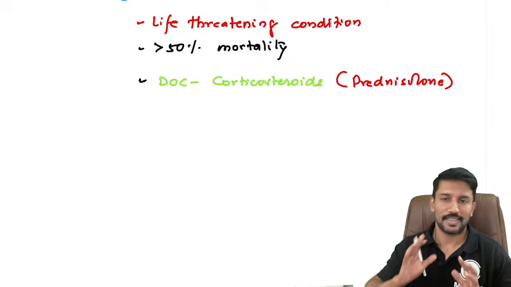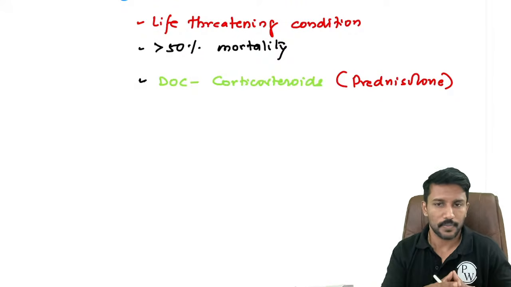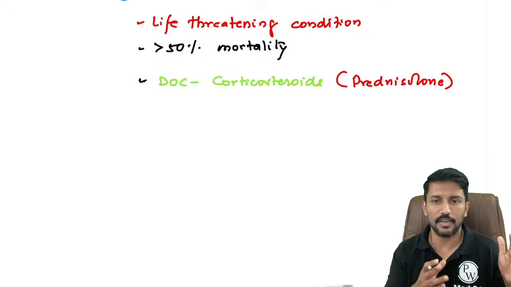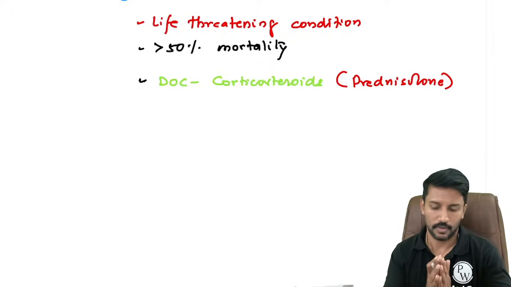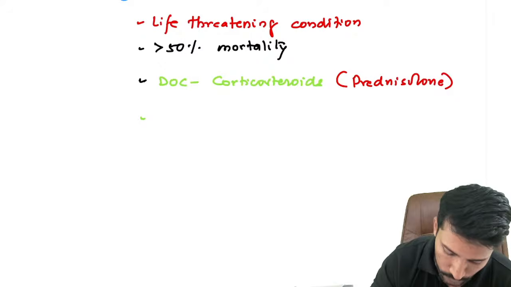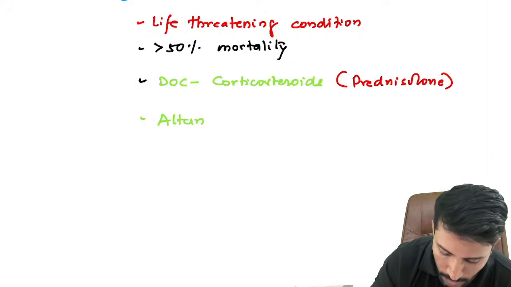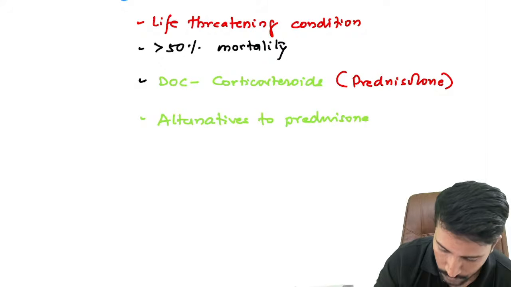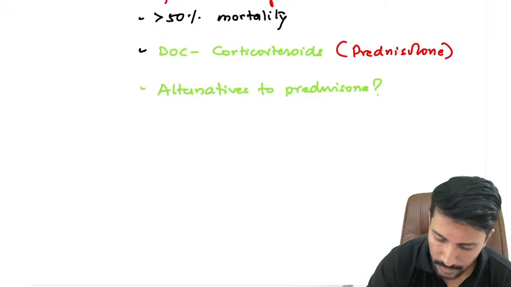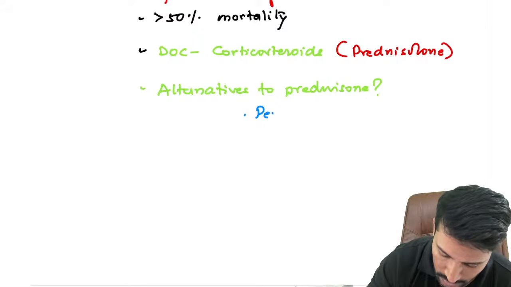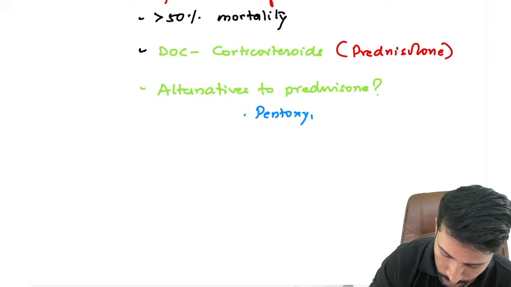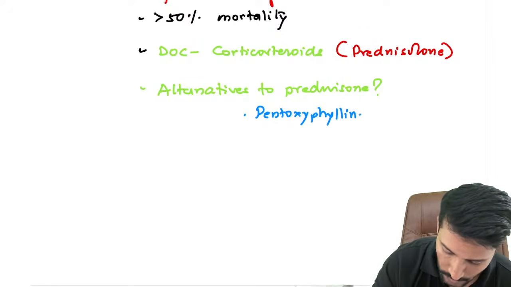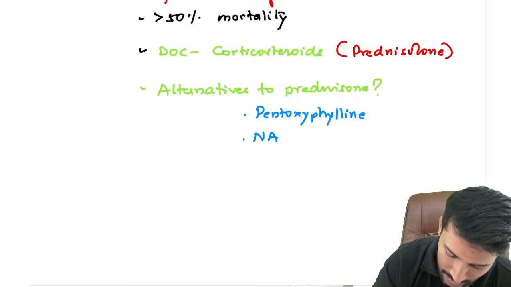So what should I do in that case when steroids are either contraindicated or not helpful? What can I do? So alternative to prednisone, we can consider using pentoxifylline and N-acetylcysteine.